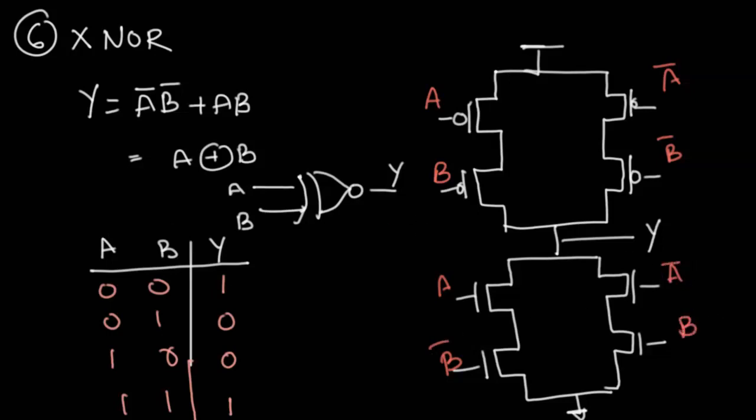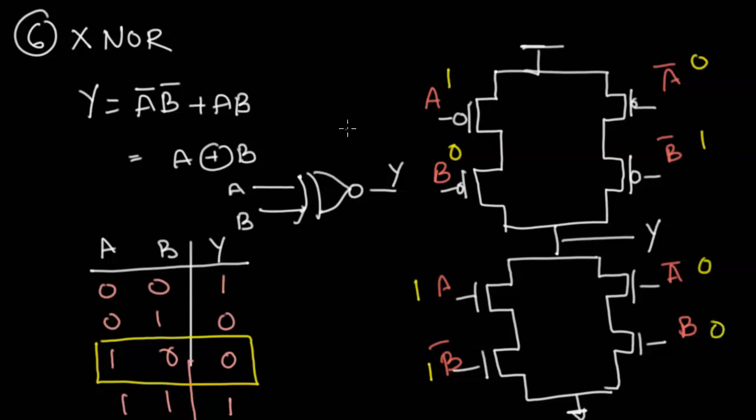Let's verify the working of my XNOR gate using one of the inputs. So let's take this for example, 1, 0. The 1 becomes a 0 and this becomes a 1. Then we have 1, 1, 0 and 0. So the PMOS is turned on when it's 0 and off when it's 1.